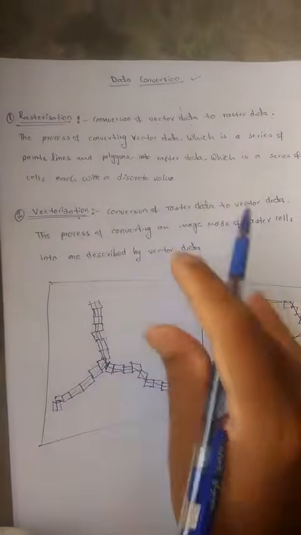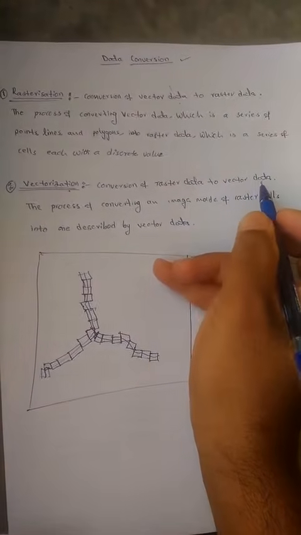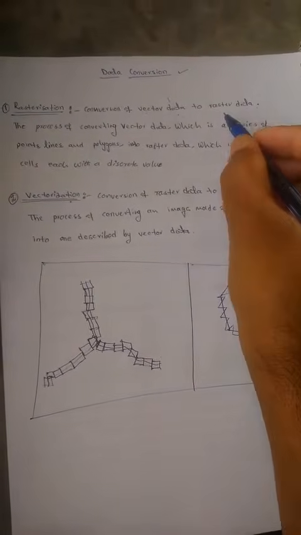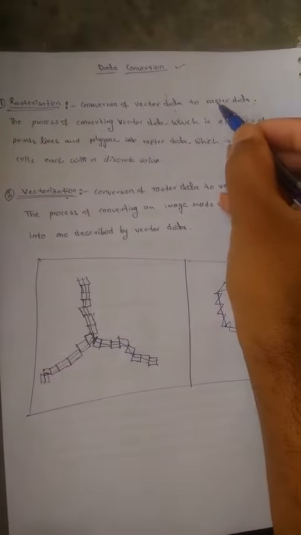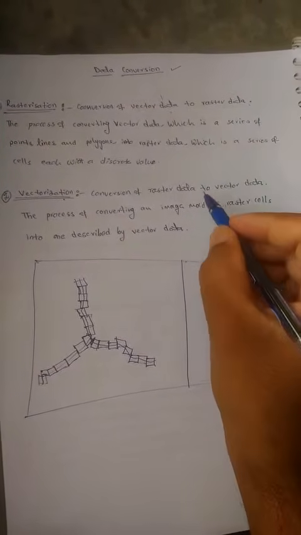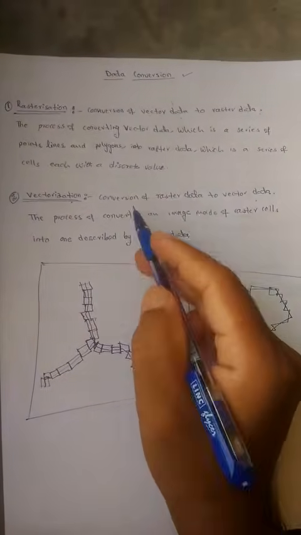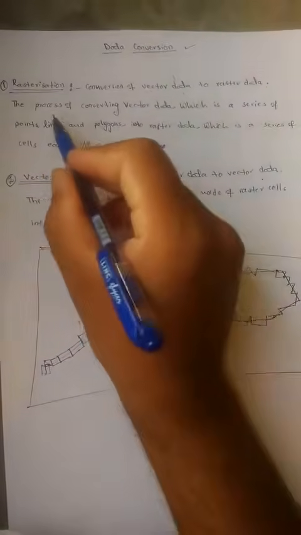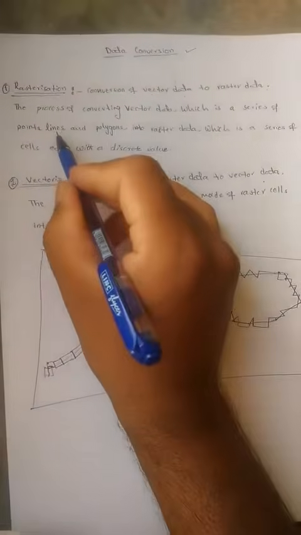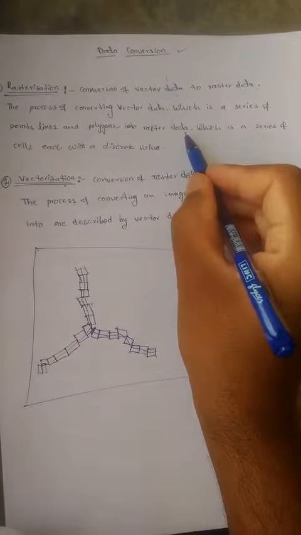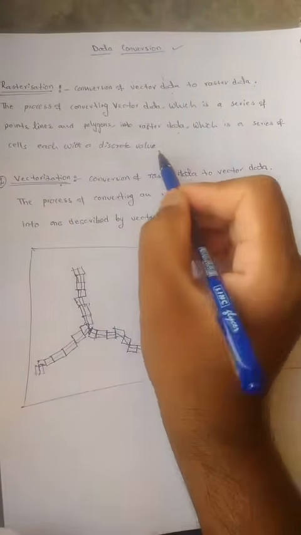Coming to vectorization, the conversion of raster data to vector data is called vectorization. If it is converted into raster data, we call it rasterization. If it is converted into vector data, we call it vectorization. See the statement: the process of converting vector data, which is a series of points, lines and polygons, into raster data, which is a series of cells each with a distinct value.